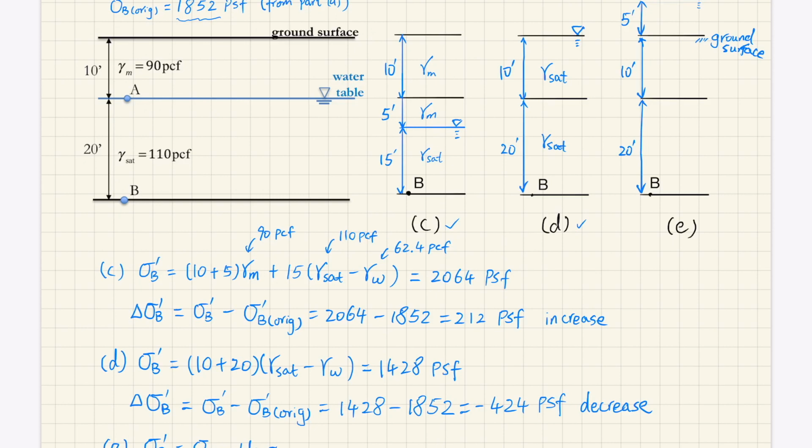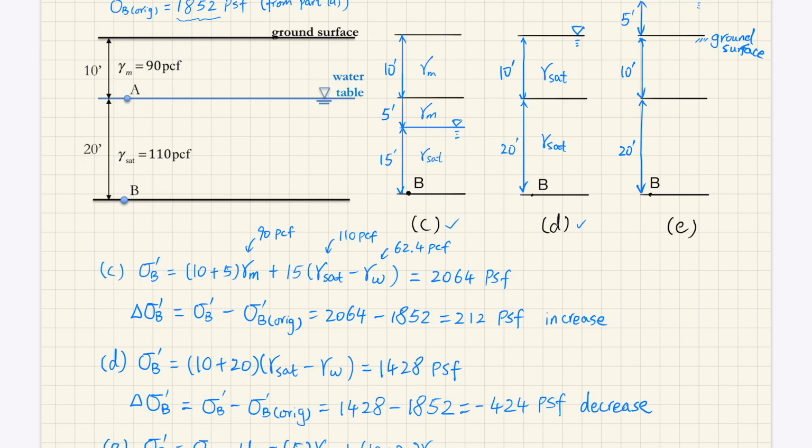For total stress, remember total stress is defined as basically the total weight above that point over unit cross-sectional area. For point B, the total stress includes 5 feet of water. That's the water above ground surface. Then you have 30 feet of saturated soil. So that's 10 plus 20, saturated.